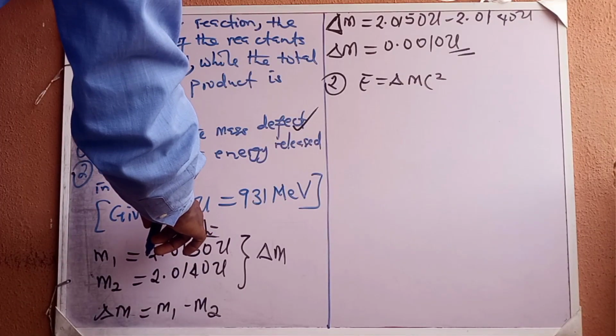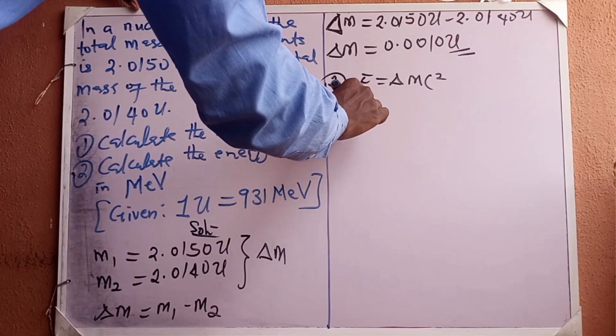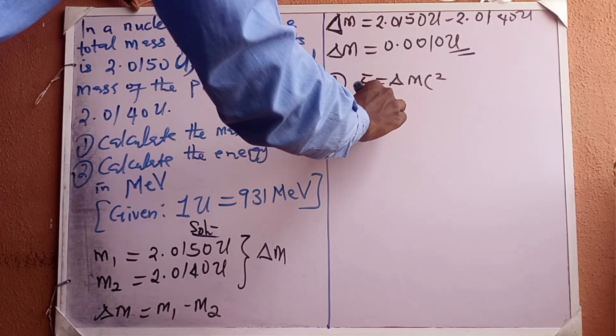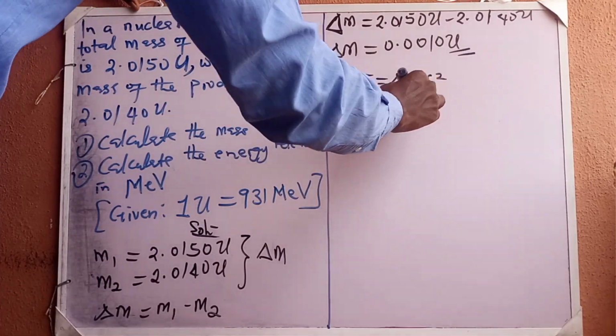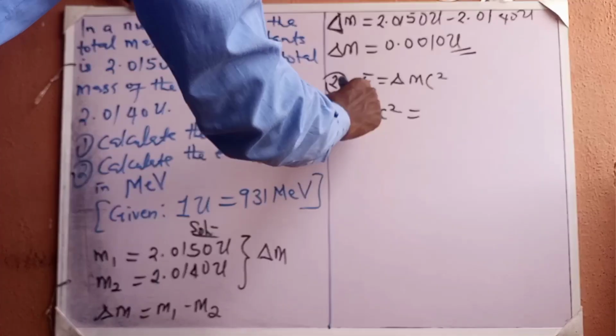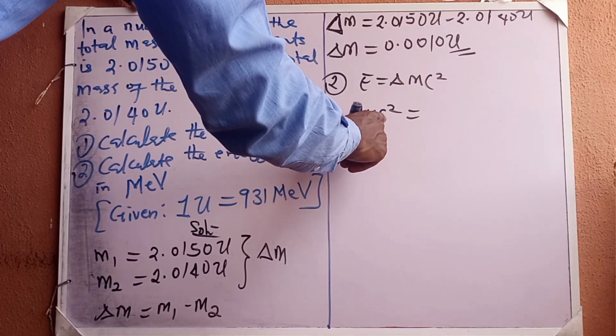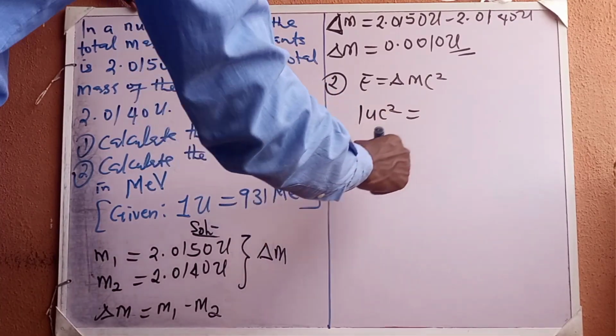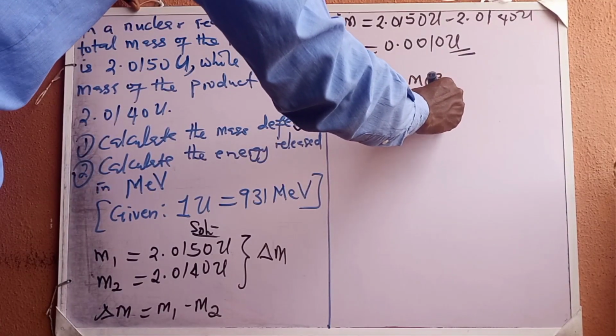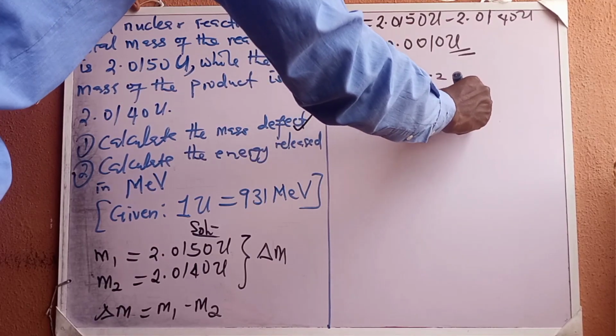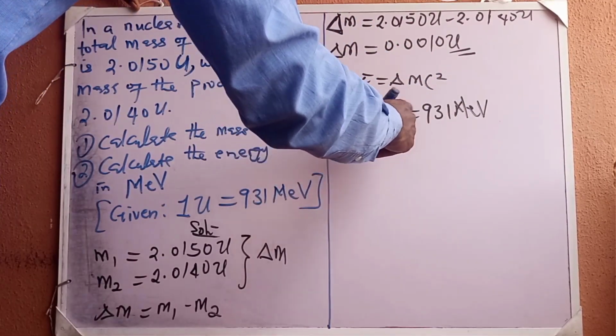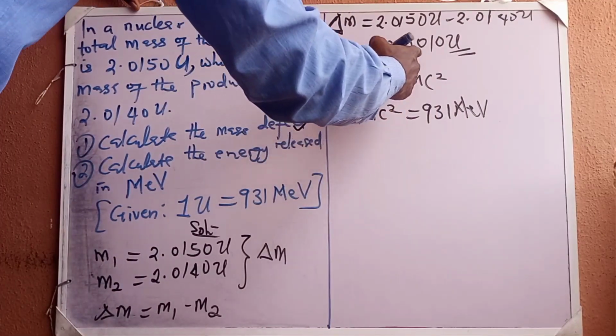We are already given what 1 U c squared is: 1 atomic mass unit multiplied by c squared is equivalent to 931 MeV.